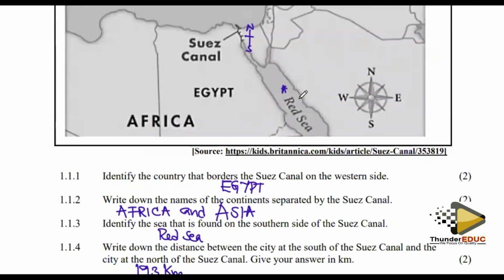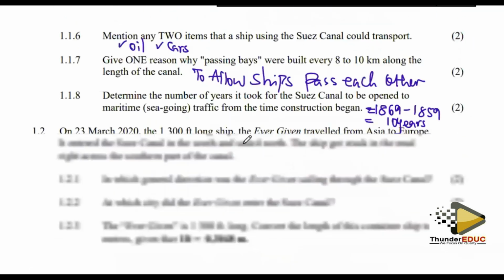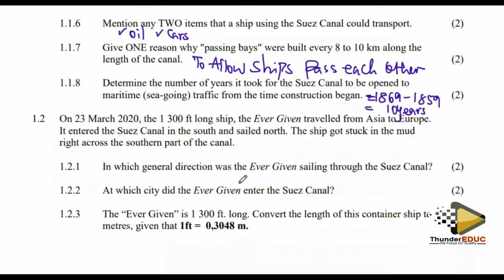So come here, you see it got stuck. So it was traveling from, entered the Suez Canal in the south and sailing to the north. So south, it was heading up there. So they're asking you in which general direction? In which general direction was the ship sailing through?